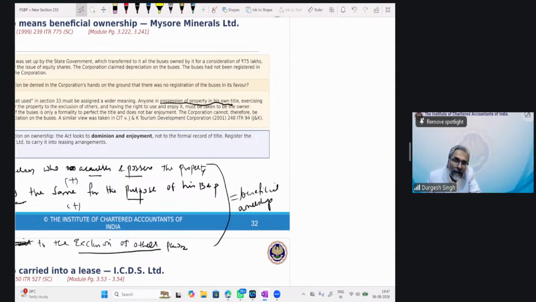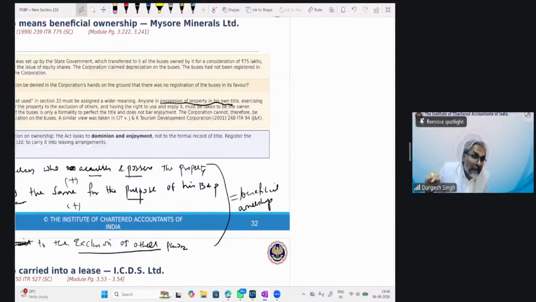Now the asset continues to be registered in the name of the firm. It wasn't registered in the name of the partner. The partner retired, and to settle his dues, the firm gave that asset.